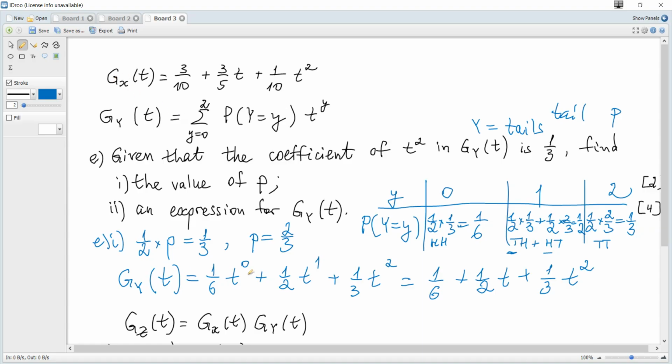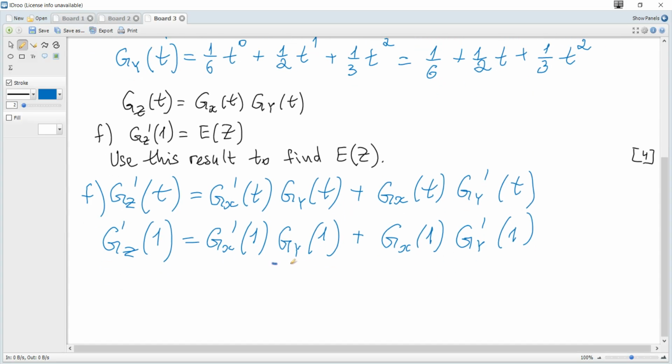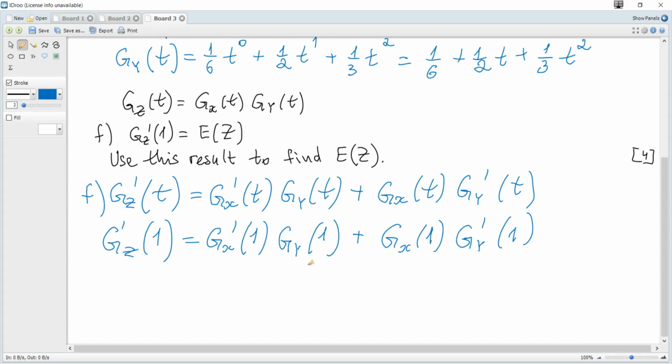Gx is this, gy is this. You can substitute 1 for t to calculate gy of 1 and gx of 1, but you remember this result: it will be true for any distribution that g of 1 is 1. So gy of 1 is 1 and gx of 1 is also 1.